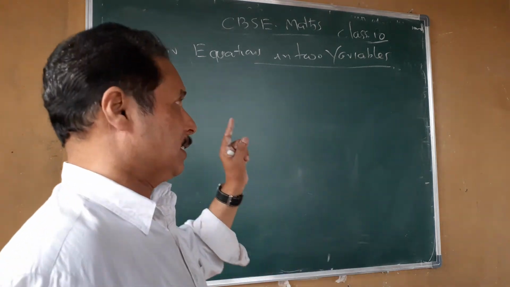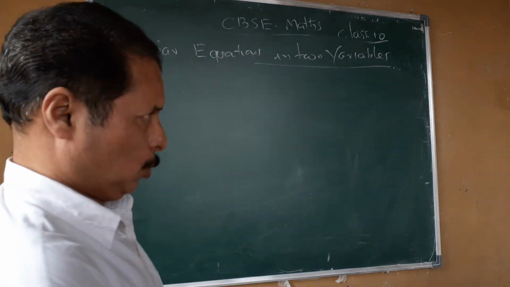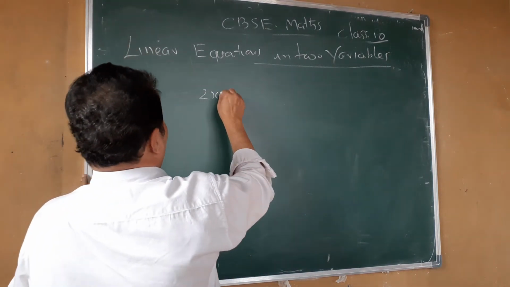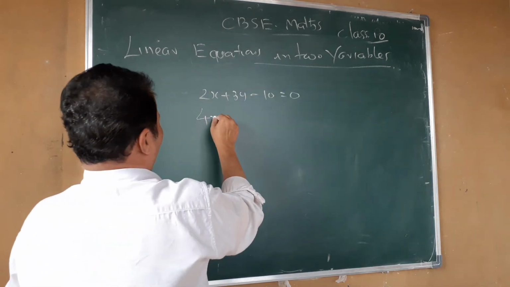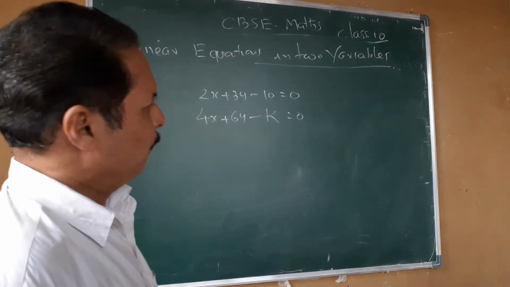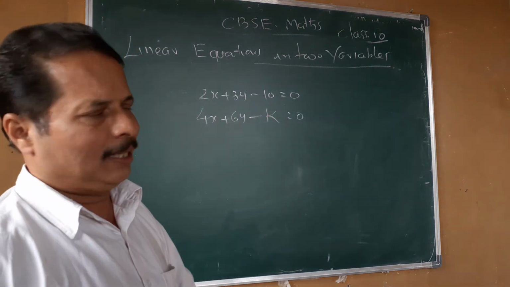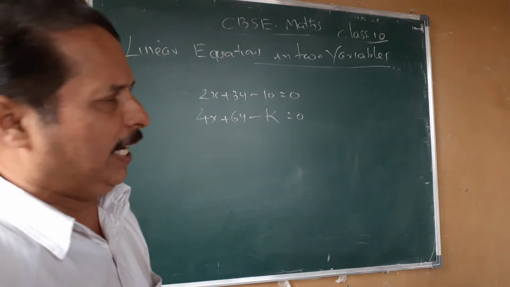Remember, it's a short answer type question. It carries 1 mark and 2 marks also. For example, in equations 2x plus 3y minus 10 equal to 0 and 4x plus 6y minus k equal to 0, the lines are parallel, otherwise there is no solution. Find the value of k.